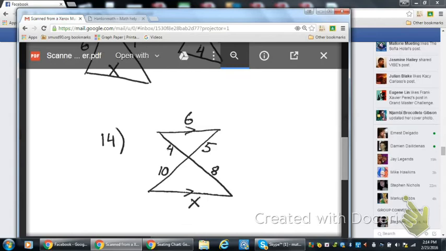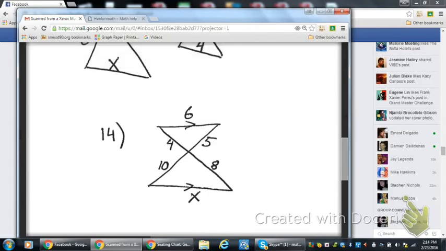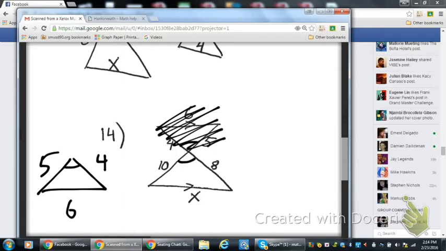All right, 14 is hard to see at first, but what I'm going to do is erase the top triangle and separate them so it's much easier to see. 5, 4, 6. These angles are equal because of vertical angles. So let's forget about this triangle and focus on this one and this one. What makes them the same? Side angle side.